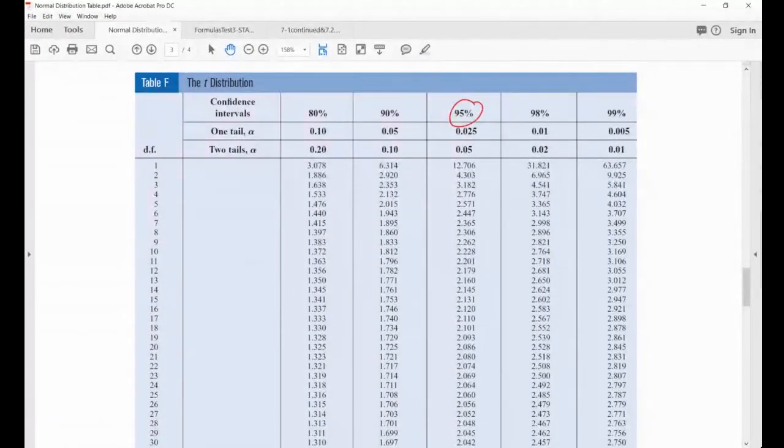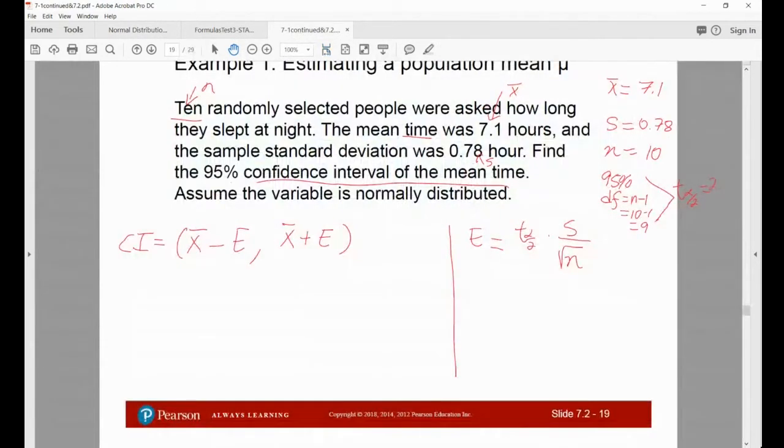It's here. And then df equals 9 is here. So what will be the critical value that we're going to use in the formula for the margin of error? 2.262. So the critical value t is 2.262.